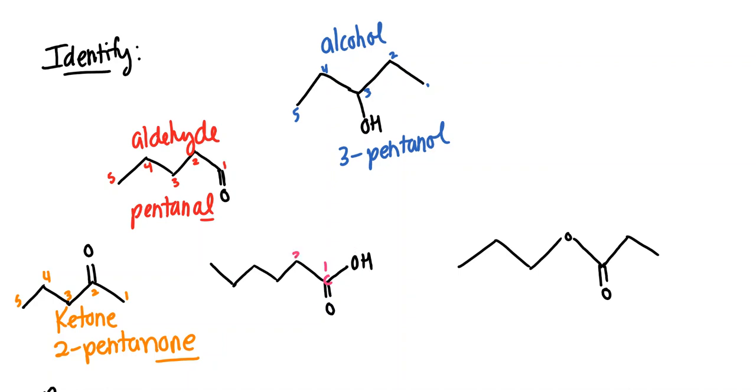This is carbon 1. This is hexanoic acid. And then this one, it's kind of like an ether. It has the oxygen in the ring and a carbonyl group. This is an ester, and we don't name those. We're not going to name those.